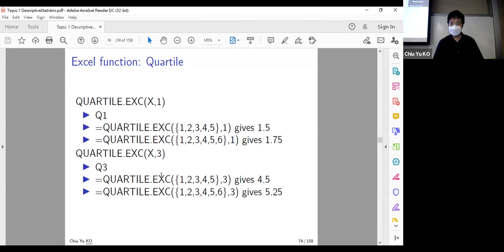So let's go back to this example. We have Q1 and Q3. How we do that is quartile exclude this data set. We put 1. And this gives me the Q1. And then I do the same, quartile exclude the data.